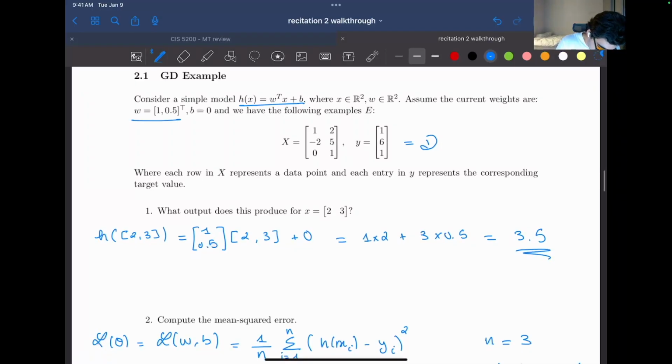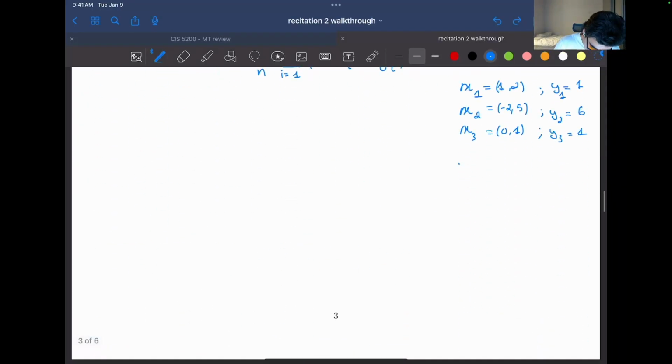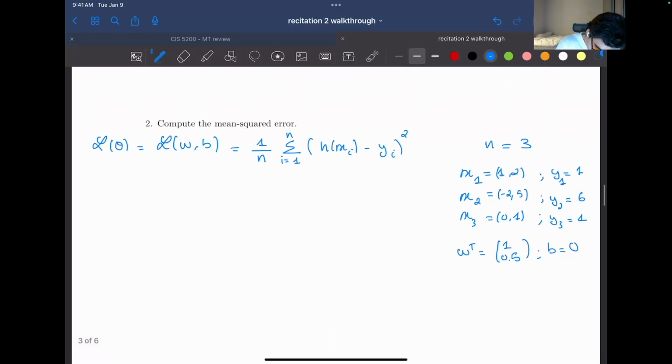And again, W transpose is 1, 0.5, and B, we said, is 0, right? So we have everything we need now to compute this mean squared error.